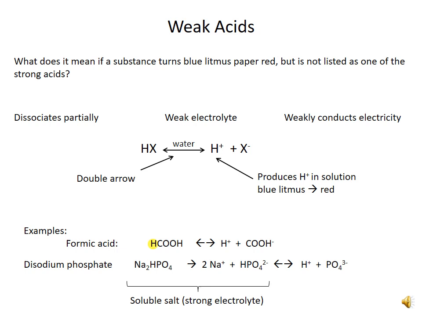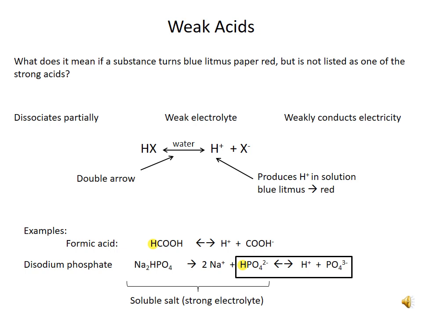However, if you were to test the solution of disodium phosphate with litmus paper, you would find that it still turns blue litmus paper red, and that's because there is an acidic hydrogen in this hydrogen phosphate anion.